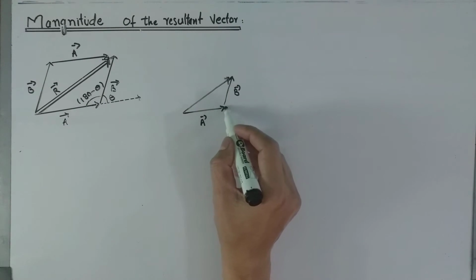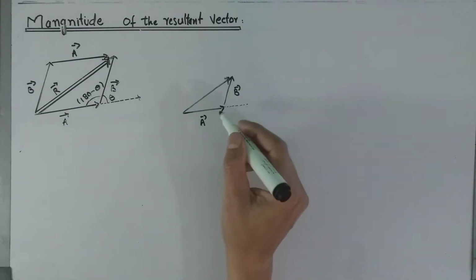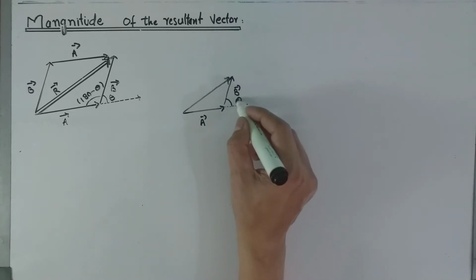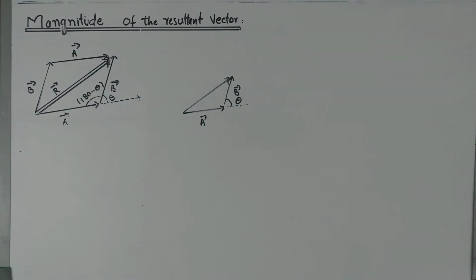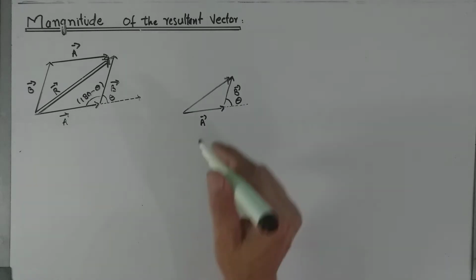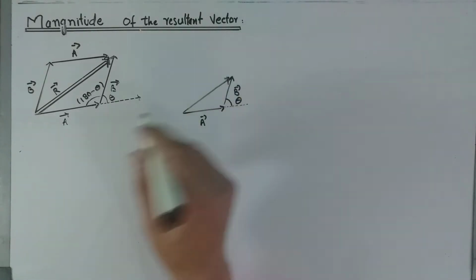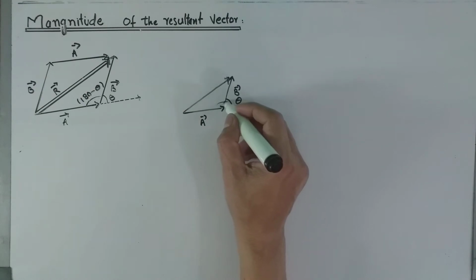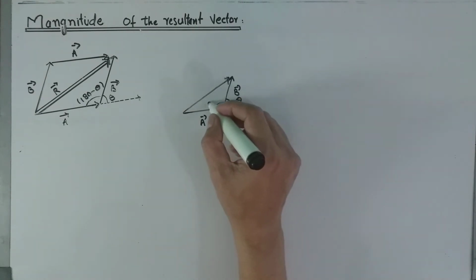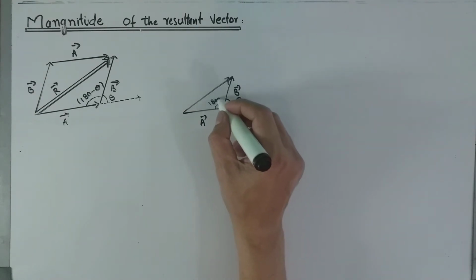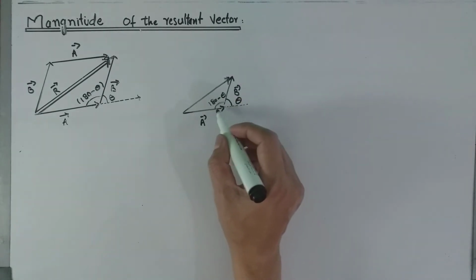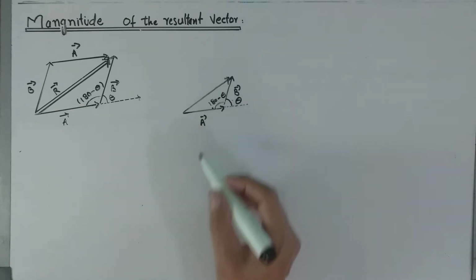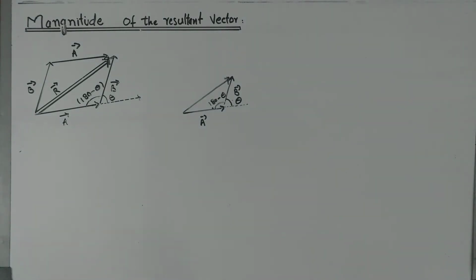So this is vector A, and vector B is making an angle of theta with vector A, okay. We will need this angle when we apply the law of cosine. This angle will become 180 minus theta. Why? Because this whole is a straight angle, and a straight angle is always equal to 180 degrees.